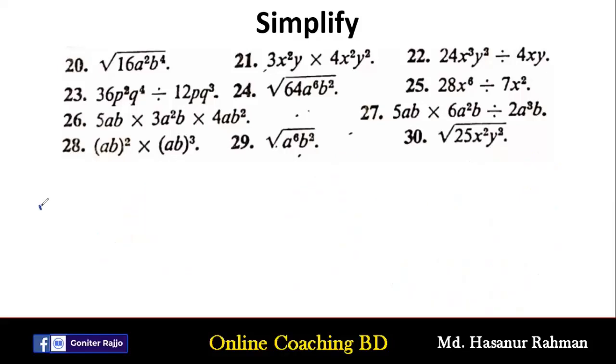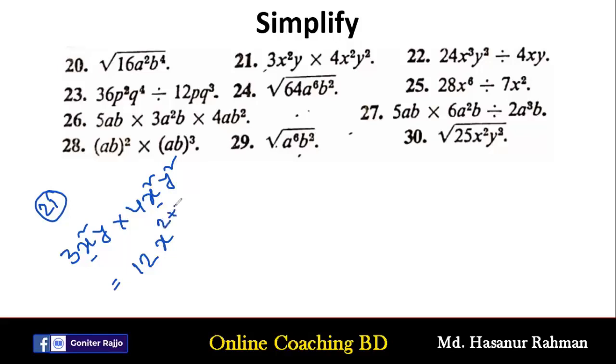Now 21. How can you solve 21? Look. 3x square y multiplied by 4x square y square. At first we have to multiply 3 by 4. So 3 multiplied by 4, that is 12. And x square multiplied by x square. So look, the base is the same and there is a multiplication, so we have to add the power. 2 plus 2.